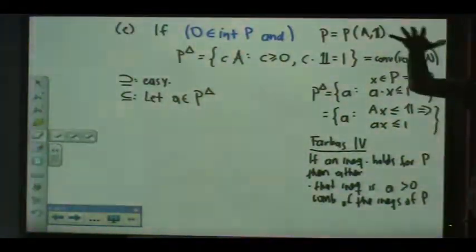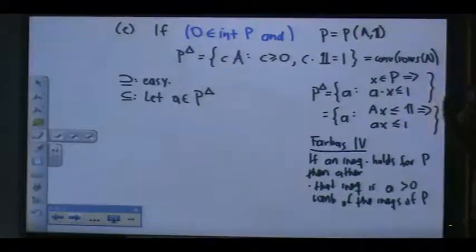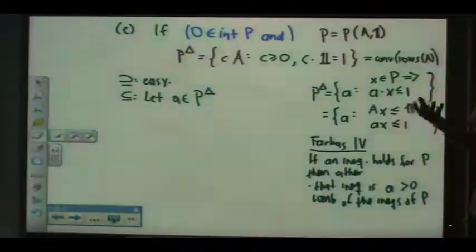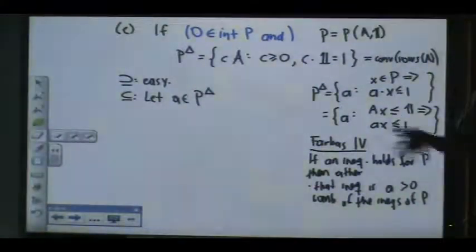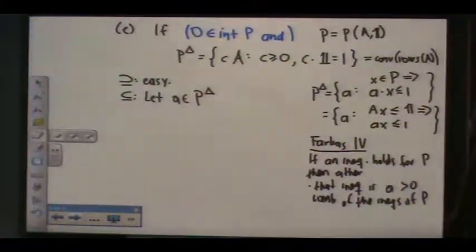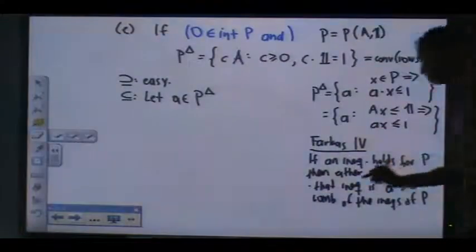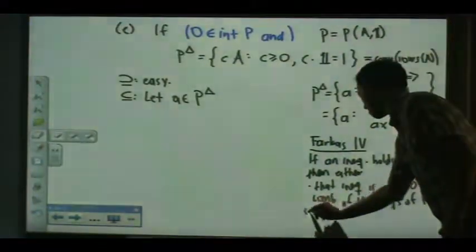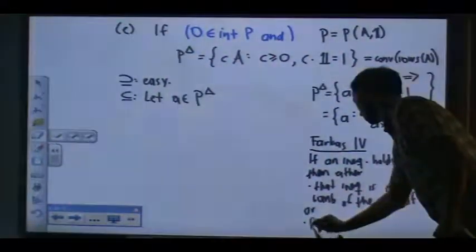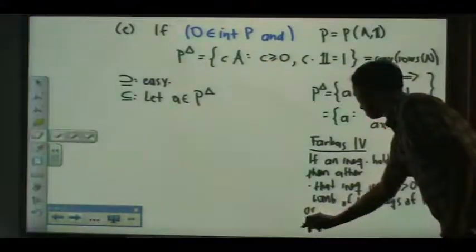P is described by some inequalities, and so it's just saying if you have some other inequality, then it should be a straightforward consequence of those basic ones. It should just be a positive combination. Either that is true, or the polytope is empty. That's what it says. Or the polytope is empty.